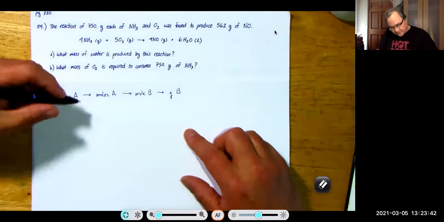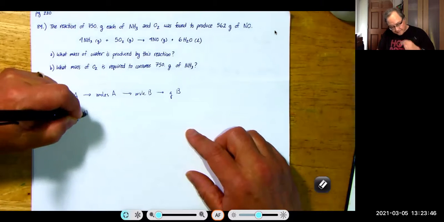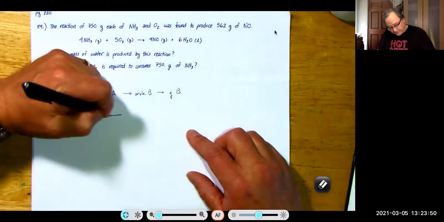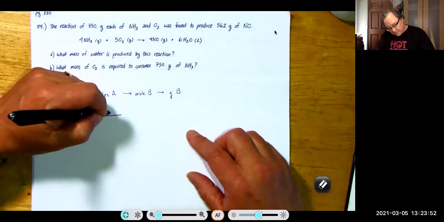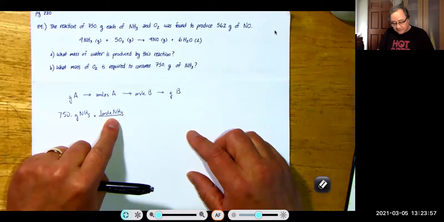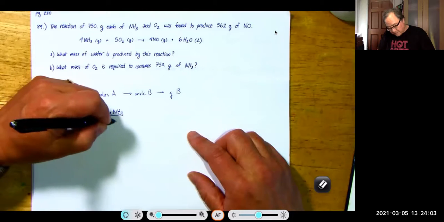So I'm going to take my 750 grams of ammonia, and I'm going to turn that into moles of ammonia. Now, nitrogen has a molar mass of 14.01. Hydrogens are 3.03. You add that together, and you get 17.04.